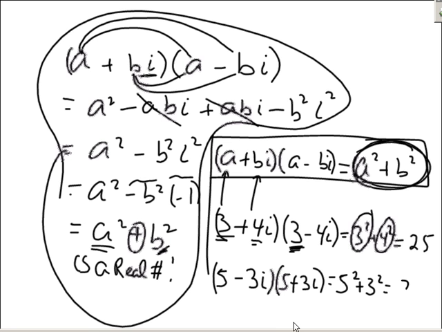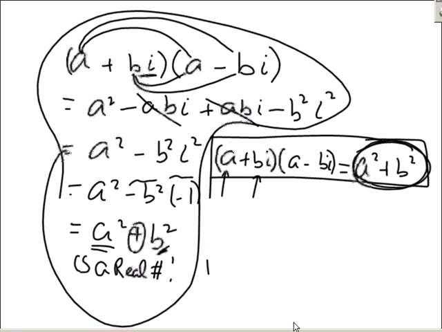I think that's 34. 25 plus 9, 34. You get a real number. Sometimes you get 25, a real number. You always get a real number, and you don't have to FOIL out, because we know this theorem that's left on the board. This theorem here.